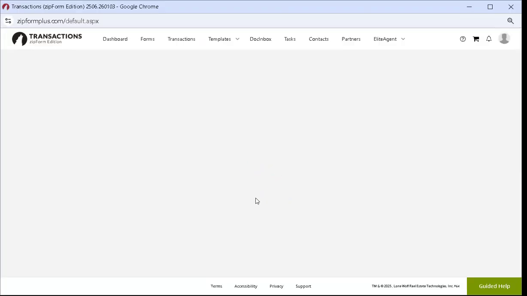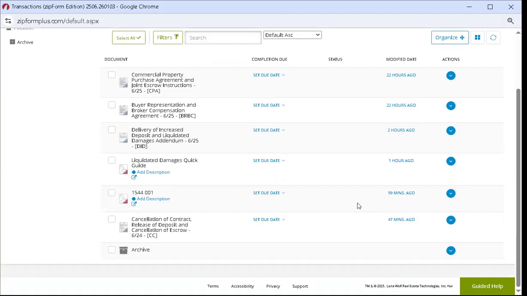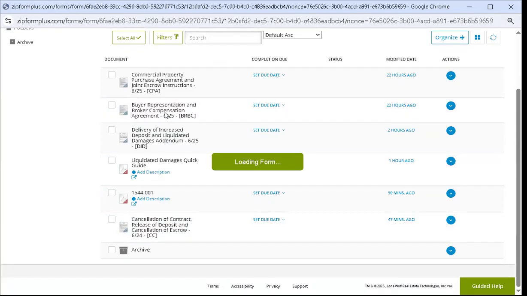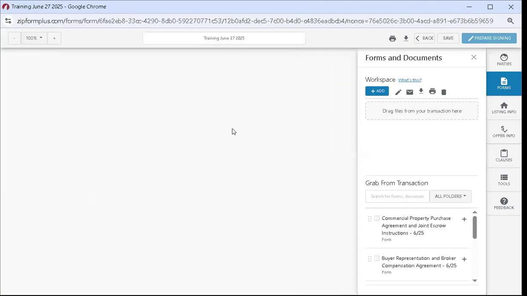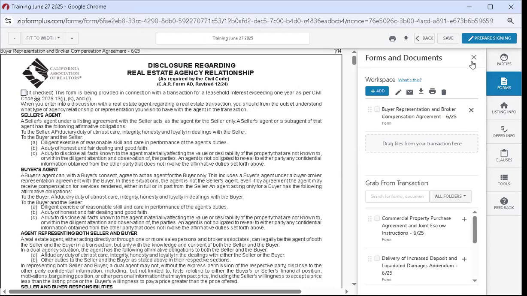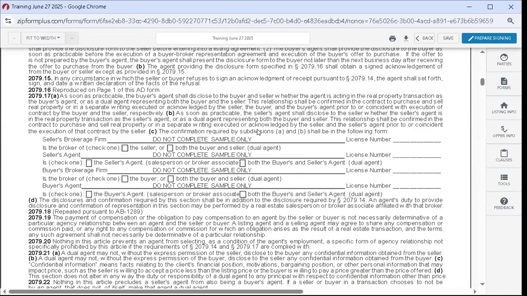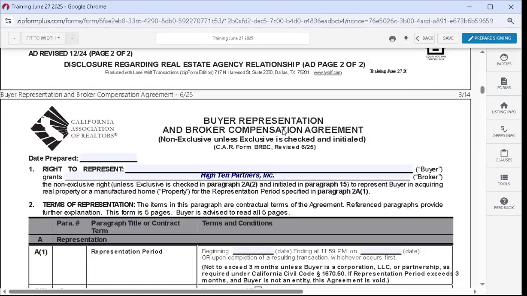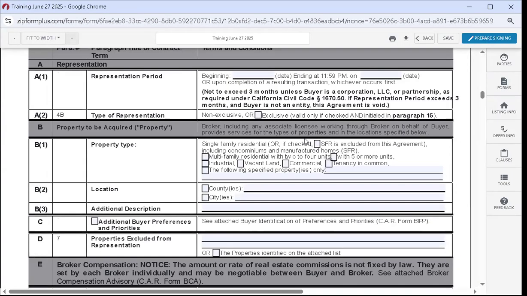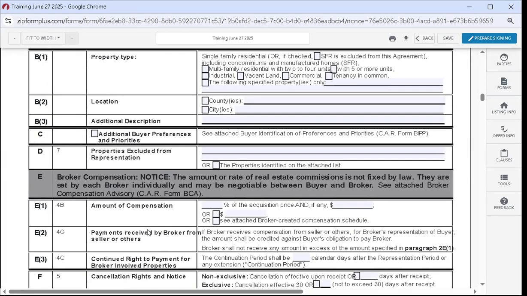I'm going to go over something really, really fast, and then we're going to go to questions if you have any here. I just want to reiterate, because we're still seeing some question marks on the buyer representation and broker compensation. Okay, you would check the property type, but I'm really interested today in talking about the amount of compensation.